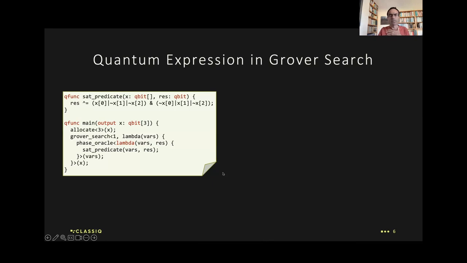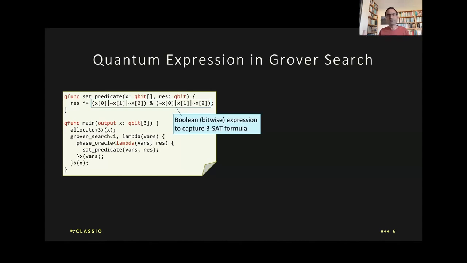Simply, you already have a library of building blocks for Grover search and for phase kickback. So all you really need to do is capture your predicate and feed it into the phase oracle. And my predicate here is a 3-SAT formula.